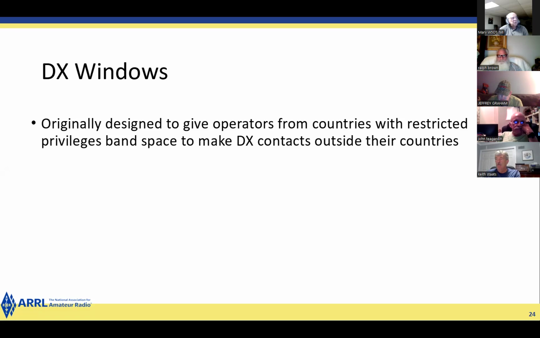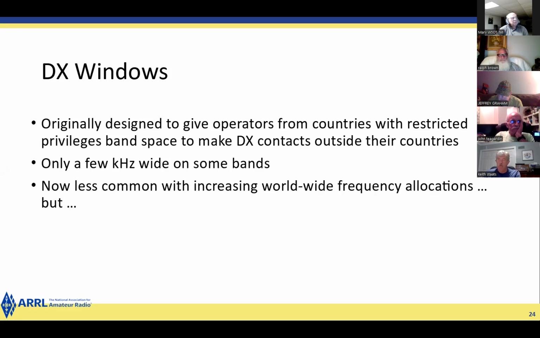Now there are DX windows, which were designed to give operators from other countries with restricted privileges band space to make DX contacts outside their countries. And these are only a few kilohertz wide. I don't find that very common.